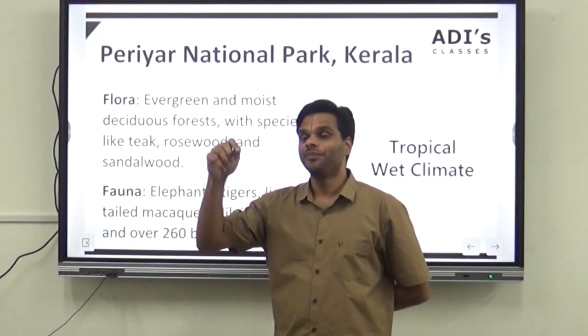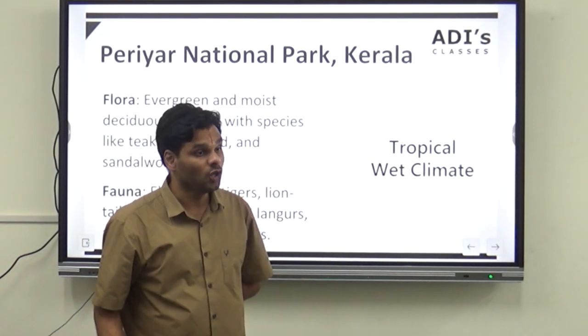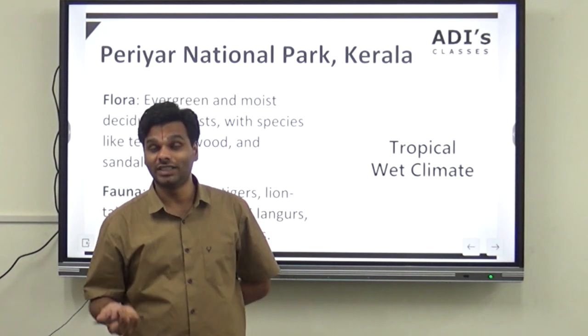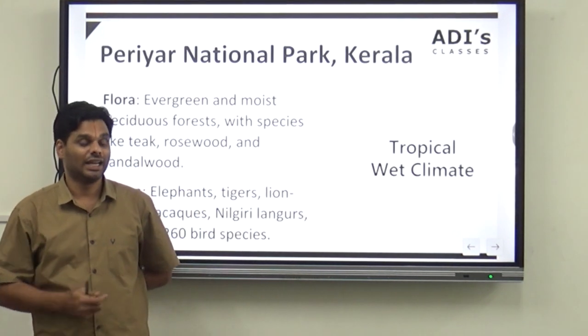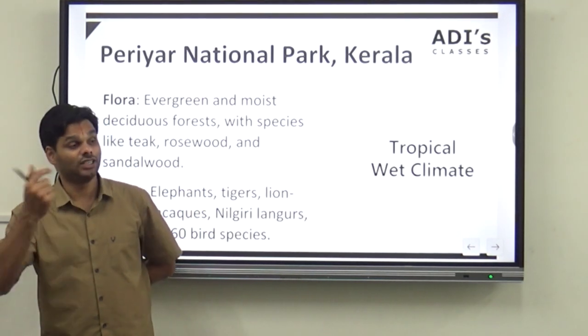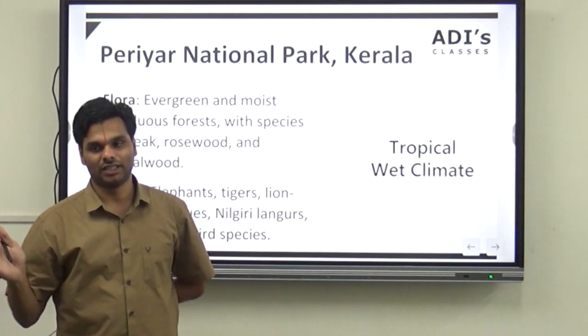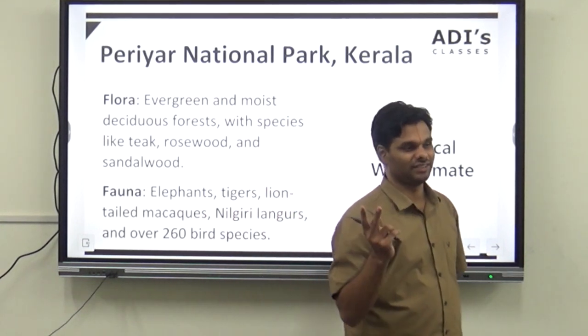So the Wildlife Protection Act of 1972 gives sanction to national parks and wildlife sanctuaries in India. Apart from this, what else does the Wildlife Protection Act of 1972 give sanction to? Like wildlife sanctuaries and national parks, what else do you have? No, that's a convention. We discussed two important things, two reserves. Which ones are they?